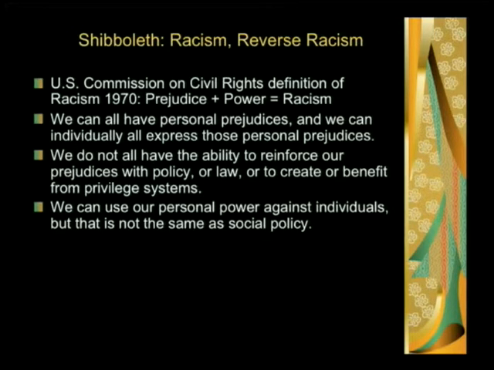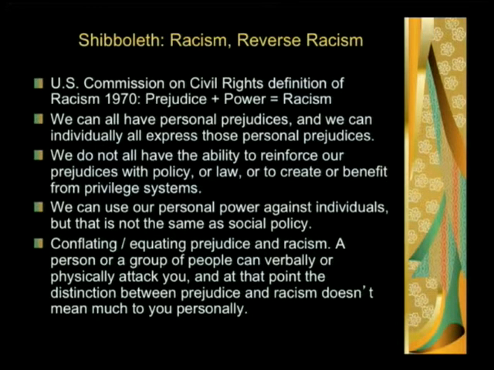So reverse racism, only if you're going to use a strict definition, doesn't really happen, but you might be able to stretch it by saying, if you go into a majority person of color environment, they may be able to express personal prejudice against you in that environment, but that's not going to hold outside that environment.